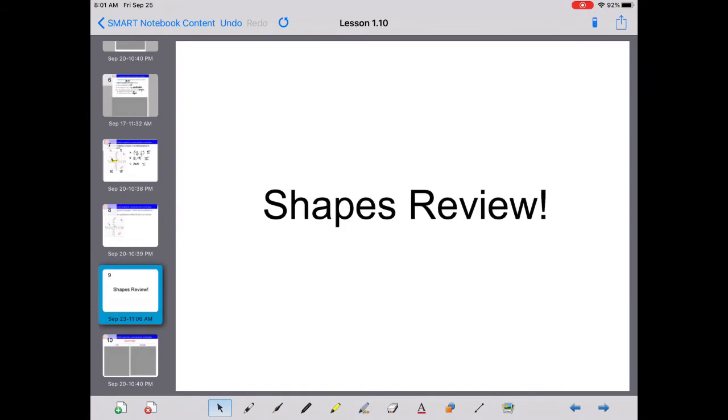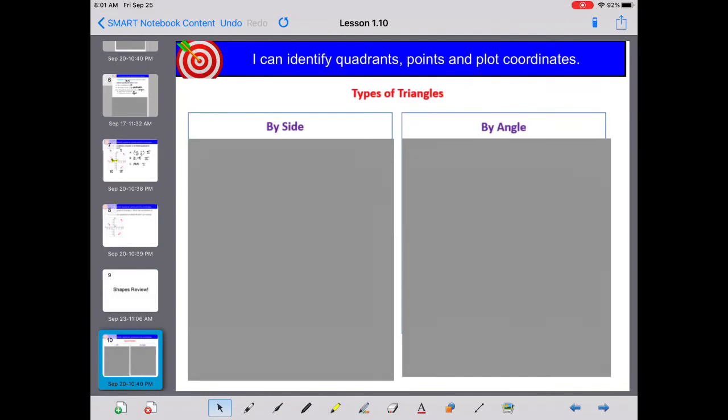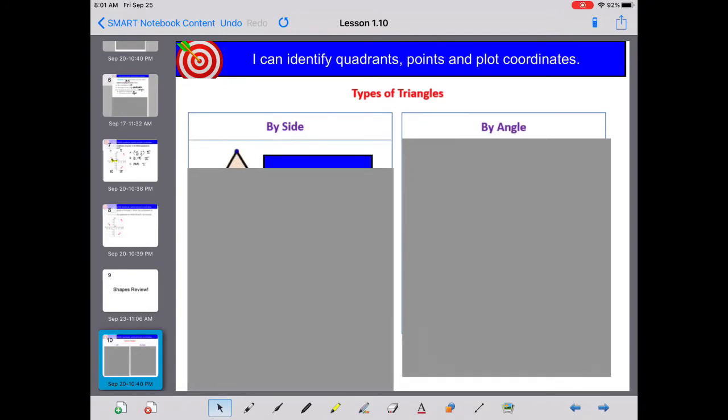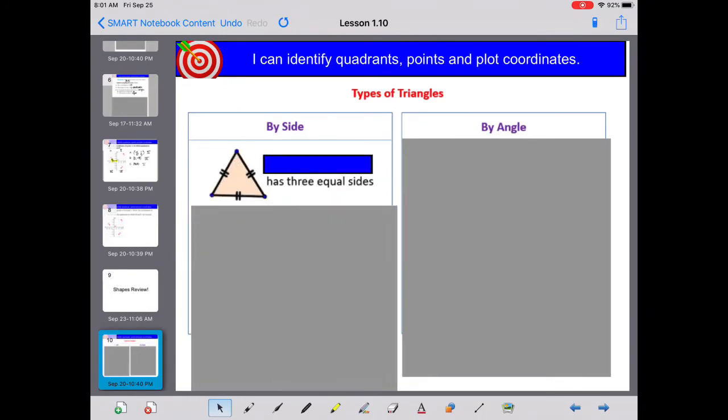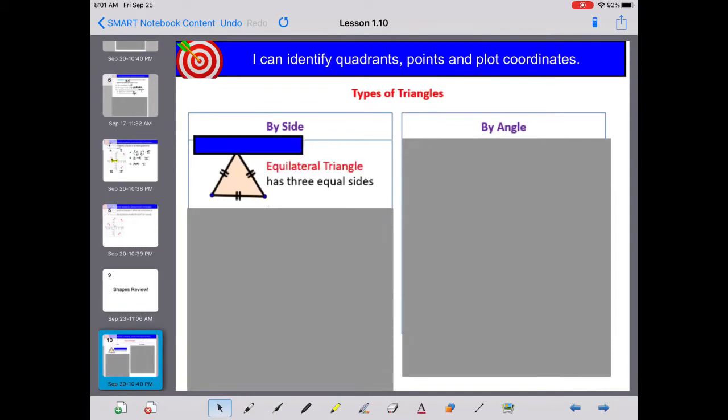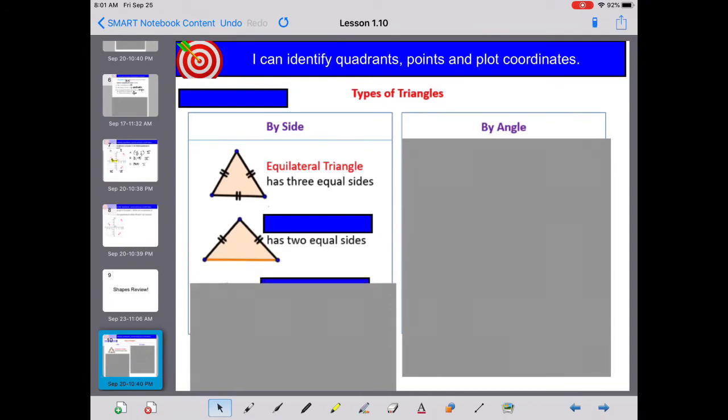All right, so it's time for a shapes review because we are going to do shapes on the coordinate plane. There are different types of triangles, and we talk about triangles based on their sides or on their angles. So first of all, this is a triangle that has 3 equal sides. 3 equal sides is an equilateral triangle. Write that down in your notes.